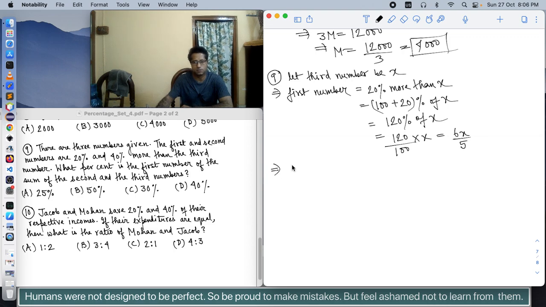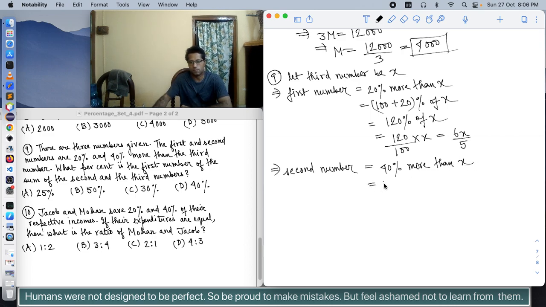So this implies, similarly, the second number is given to be 40% more than the third number, 40% more than x.